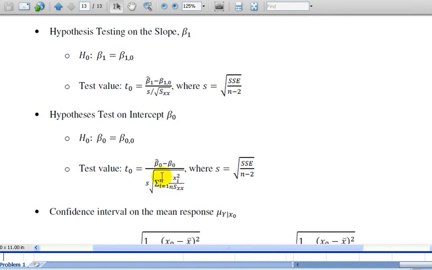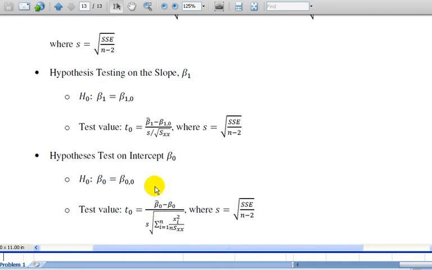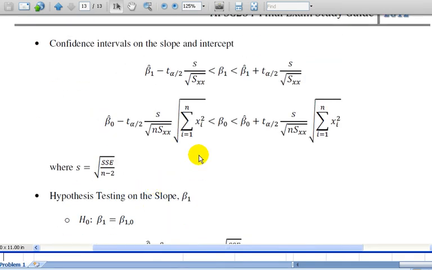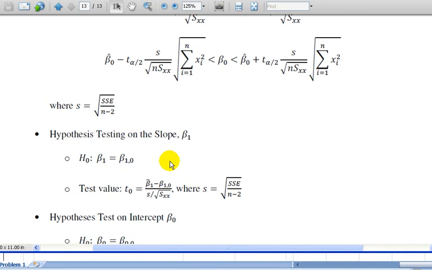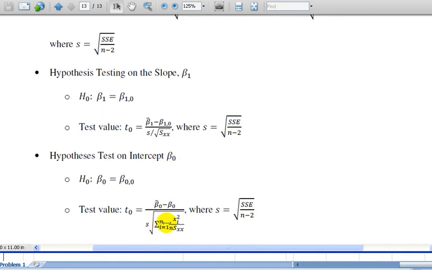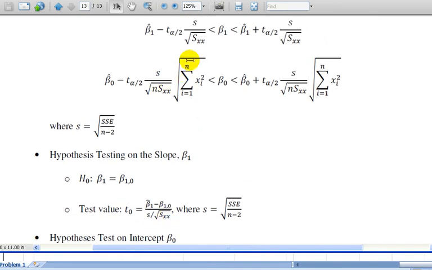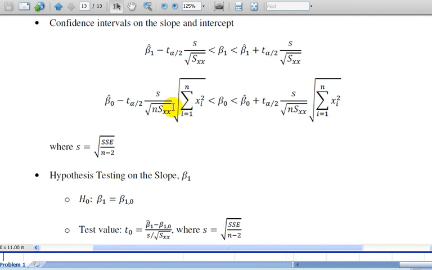The bottom term here is actually the same term as this guy here, which you use to calculate the confidence interval for beta naught.